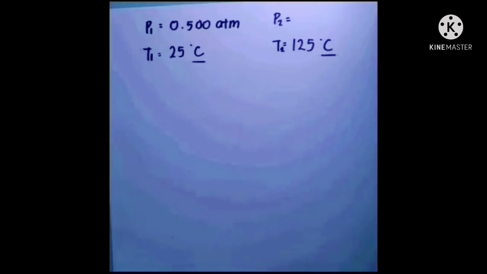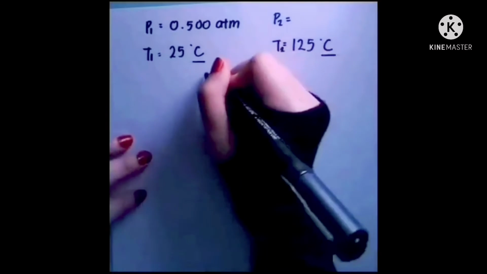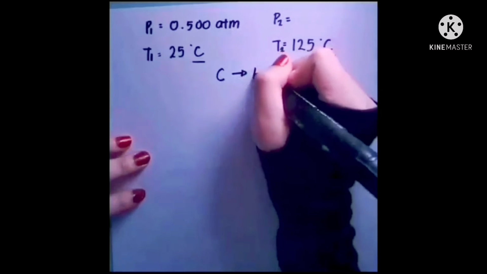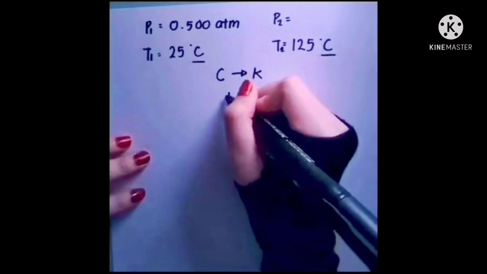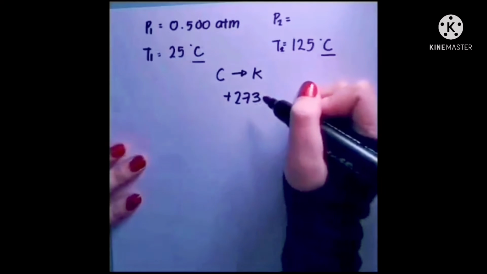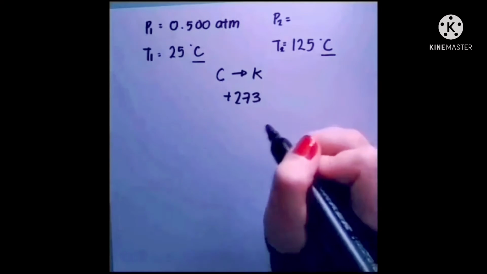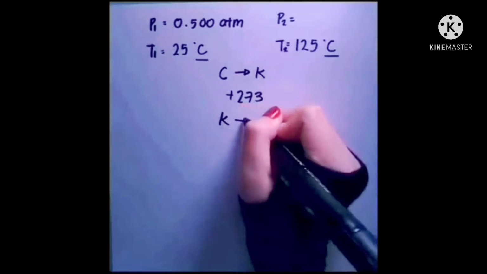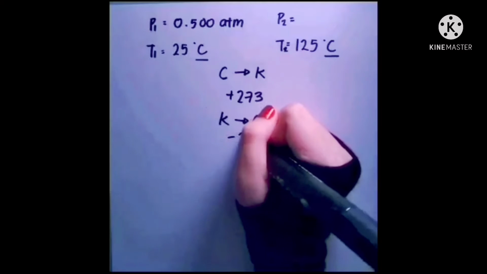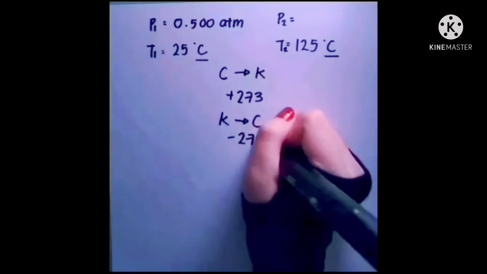So, eto yun. Celsius into Kelvin, magiging plus 273 yan. Kaso naman, kapag Kelvin into Celsius, magiging may minus 273 yan.